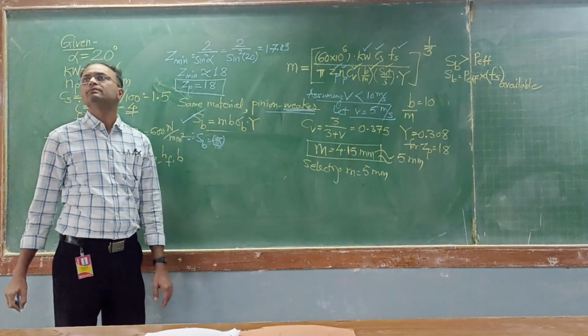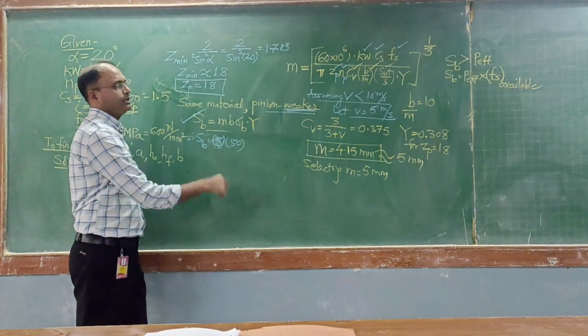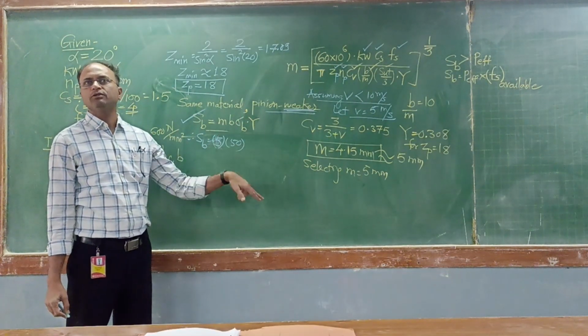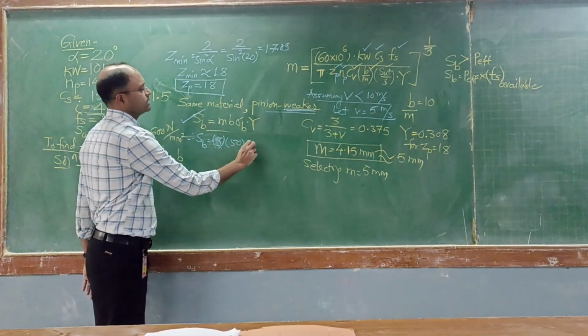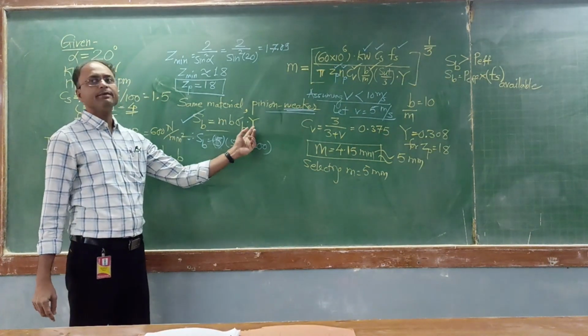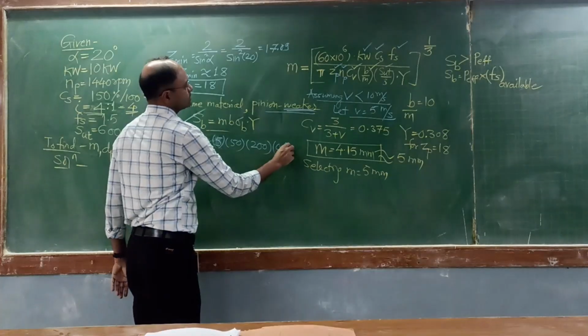B is 10 times module, so 10 into 5, 50. Sigma B is SUT upon 3, 600 upon 3, 200. And Y for 18 teeth is 0.308.